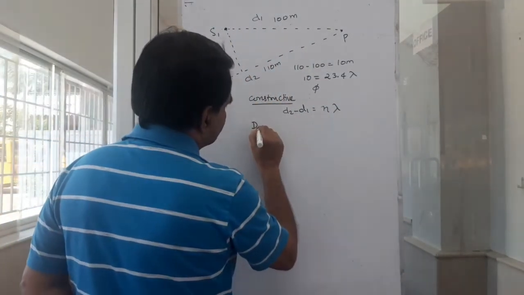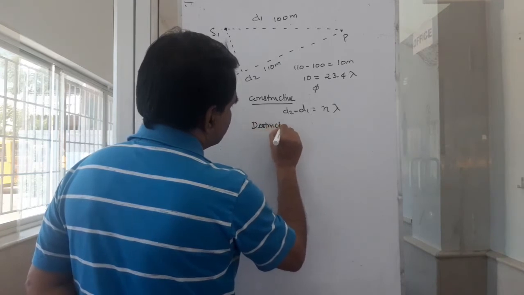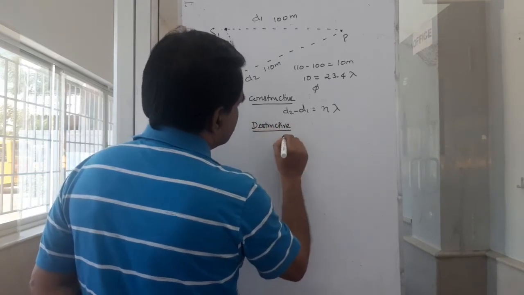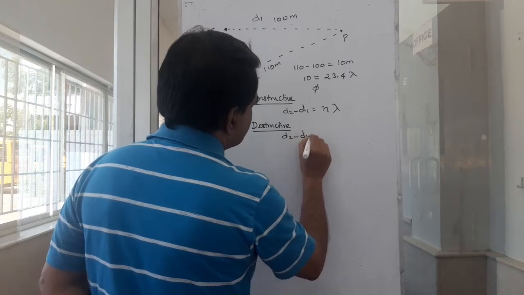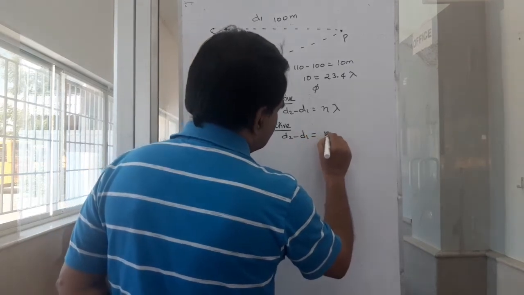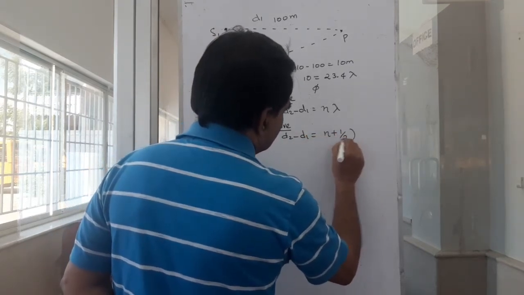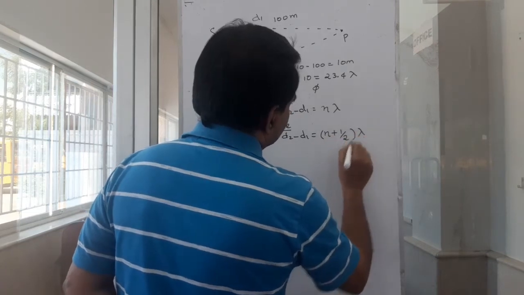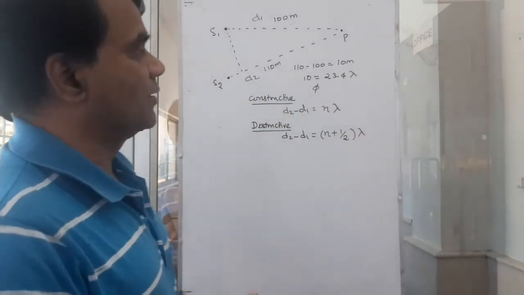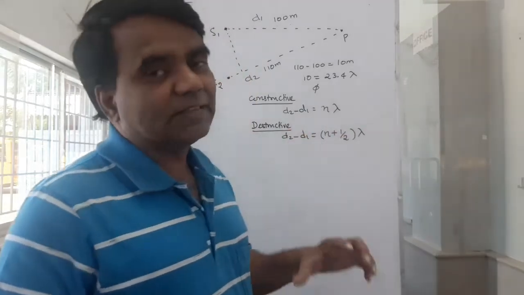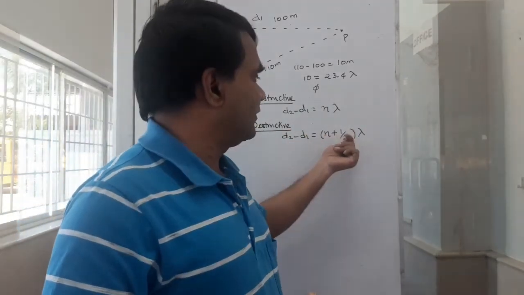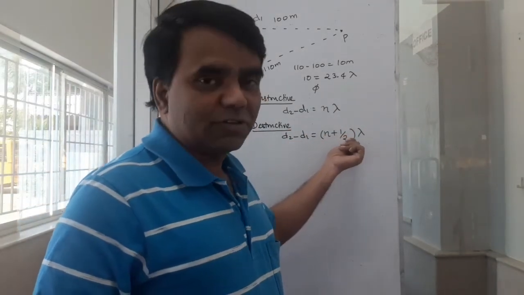Then destructive interference: d2 minus d1 is given by (n plus 1/2) lambda, or (2n plus 1) by 2 lambda. So again, in this case, n doesn't matter. This half is what is important.